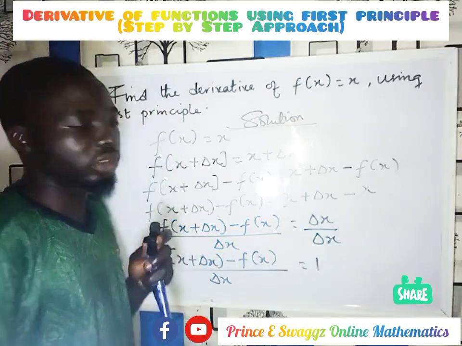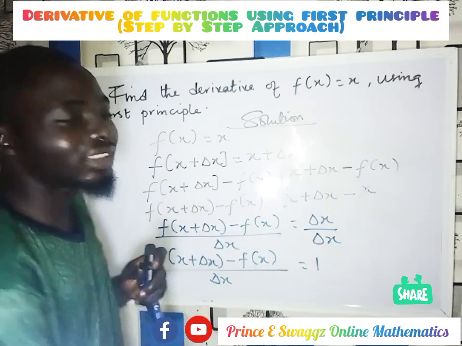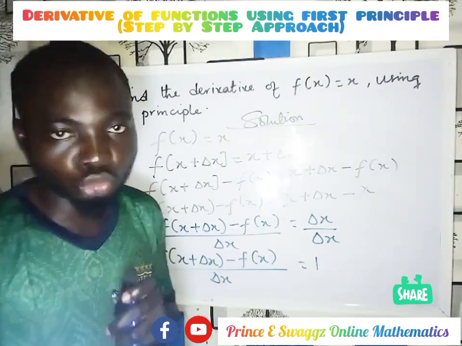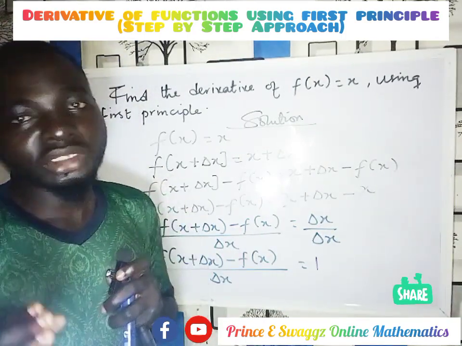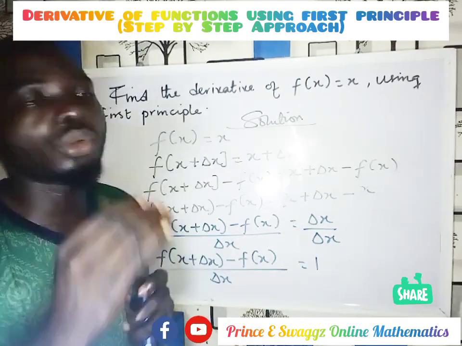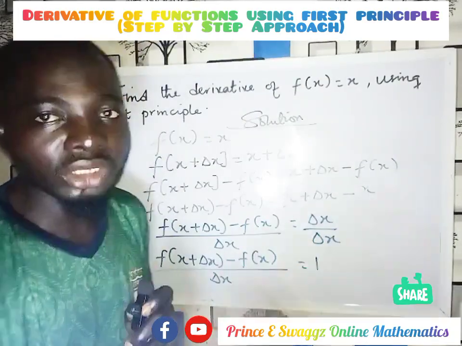After dividing the equation by delta x, the last thing to do is to take the limit of both sides. That is the major concern of first principle: finding the derivative using limit of a function.